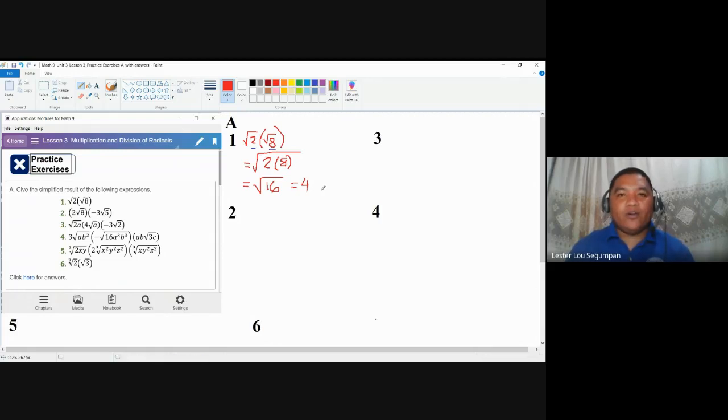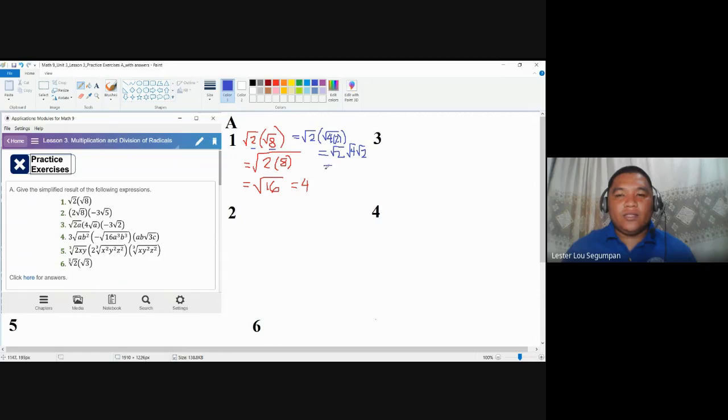You could also use an operation involving simplifying radical expressions. What I mean is the square root of 8 here. So let us use another method. You could say square root of 2 times square root of 8, and the equivalent for that, as in the previous video, can be written as square root of 2 times the square root of 4 times square root of 2.